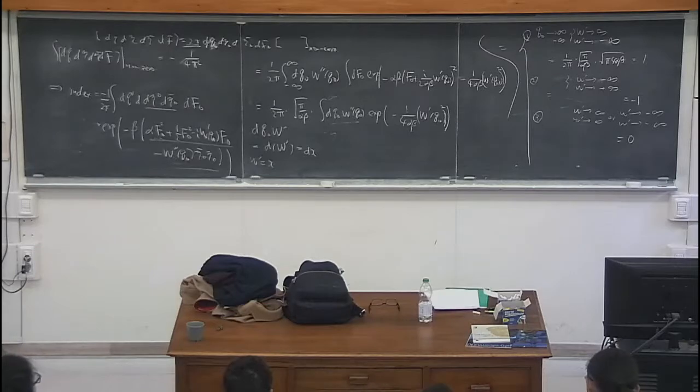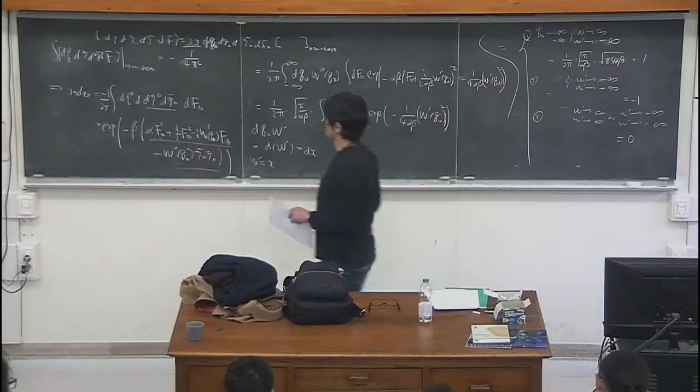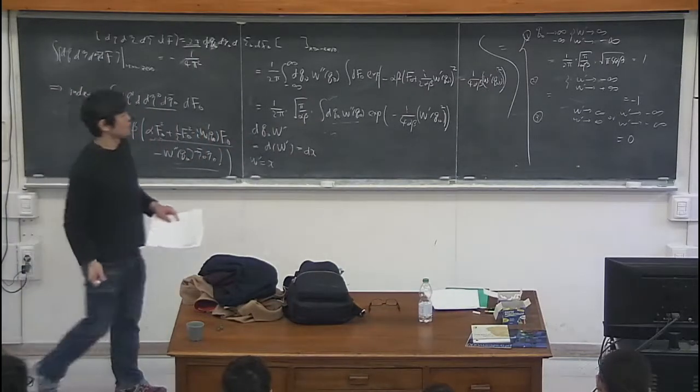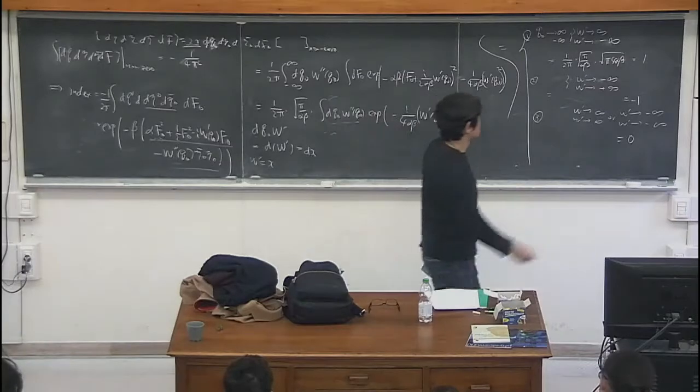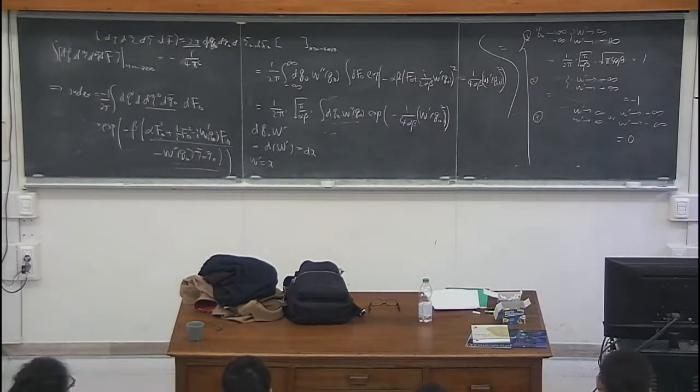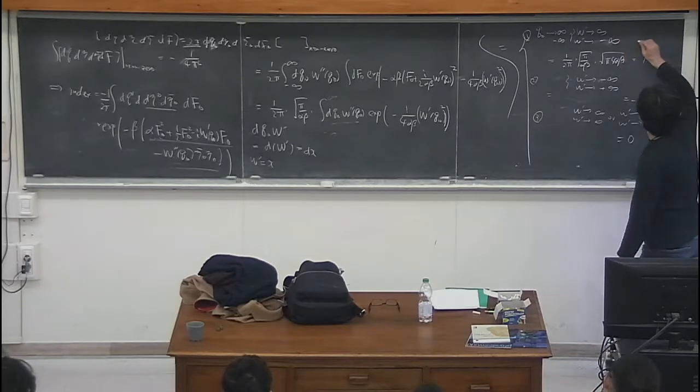Okay, so this is the result for computing the index using a localization-like technique. And we can see this result is the same as the previous computation using the operator formalism, because this means the potential is like w prime.